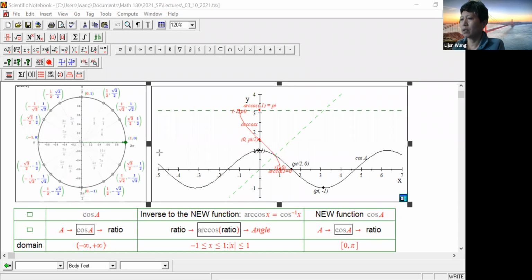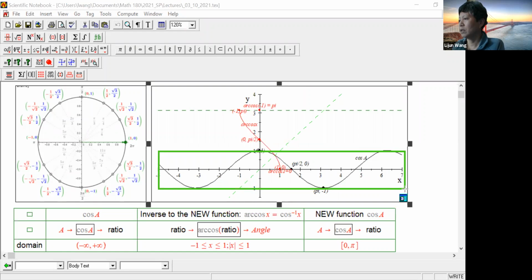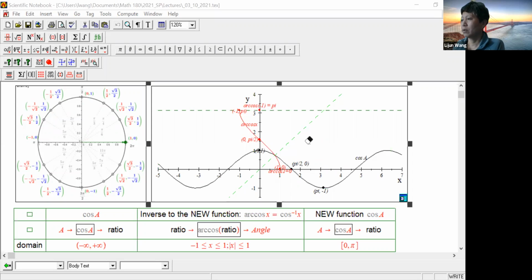It turned green. I'm going to change to black. Oh, it doesn't change. Okay, let me do it again. I'm going to draw the box.